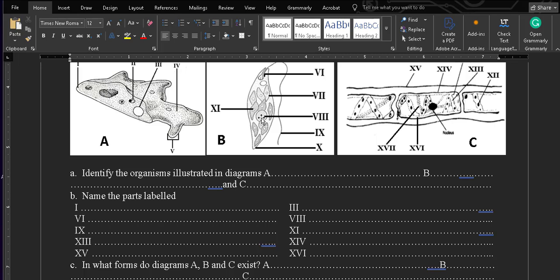They cause recycling and maintain the natural cycles, like water, carbon, nitrogen, mainly carbon and water. Then what else?